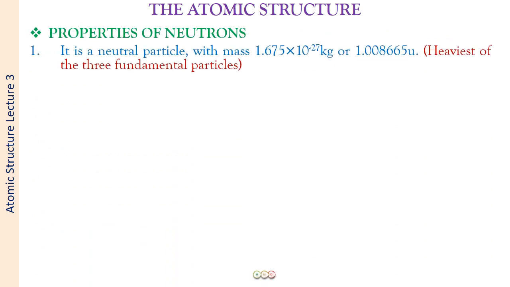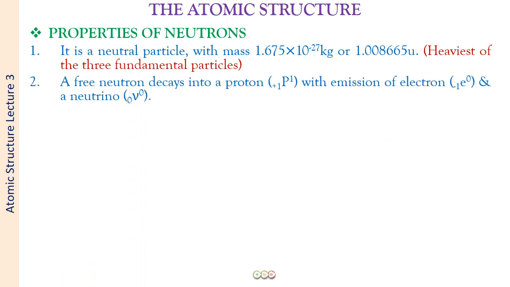Now the properties of the neutrons. This one is already clear, I think. It is a neutral particle with mass 1.675 into 10 power minus 27 kg, making it the heaviest of the 3 fundamental particles. Then a free neutron decays into a proton with the emission of an electron and a neutrino.